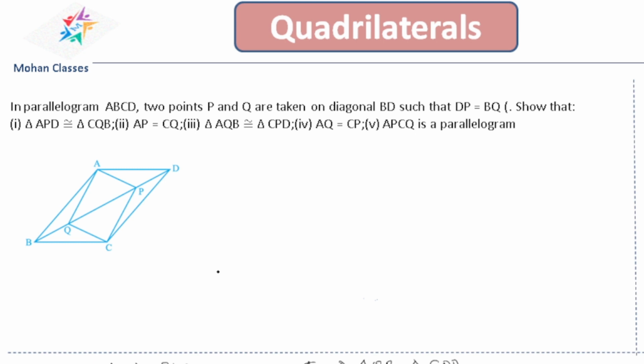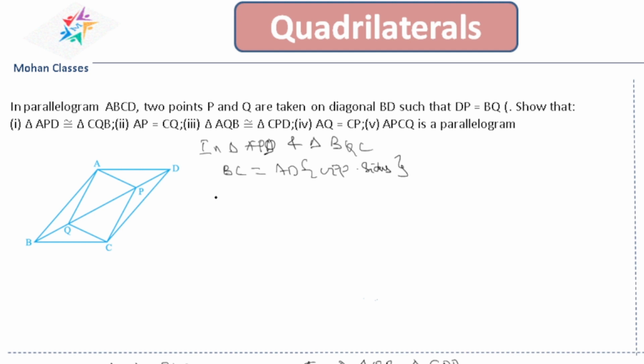In triangle APD and triangle BQC, AD is equal to BC, or BC is equal to AD. Why? Opposite sides of a parallelogram.